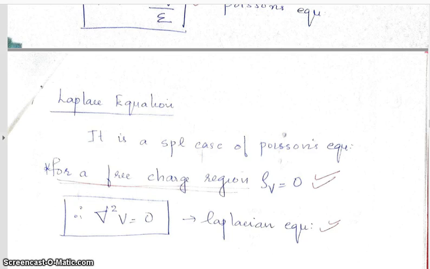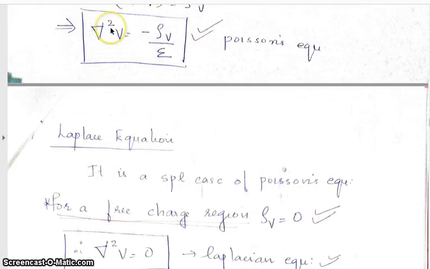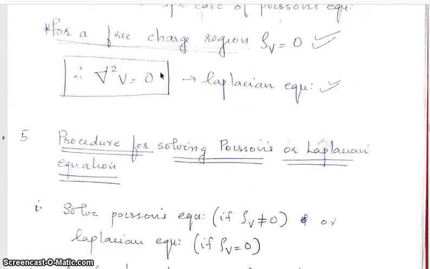As I said earlier, if the region you are studying is free of charge carriers, then that region will not have any volume charge density. So rho V will be 0, and finally this becomes del square V is equal to 0.